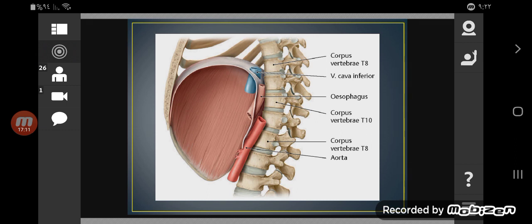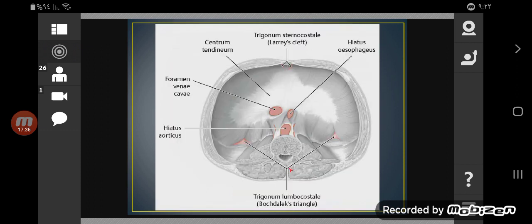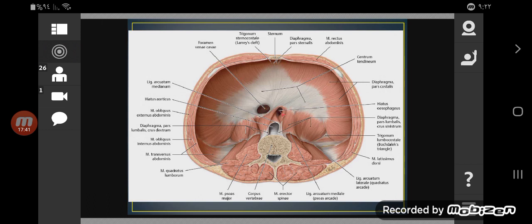If you consider all together, you can understand better. Please correct this: this is T12, and this is the level of each foramen or hiatus in the diaphragm. T8, T10, and T12.